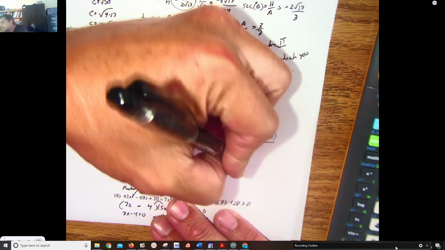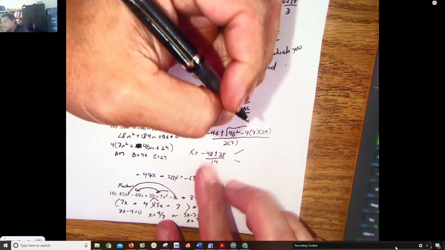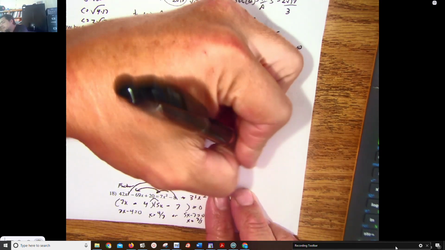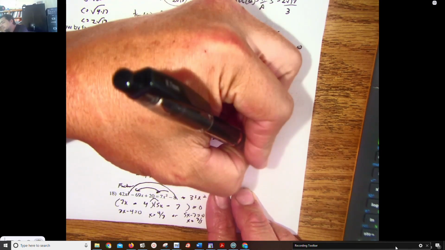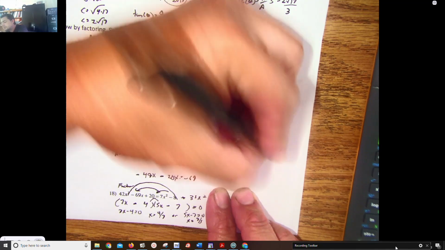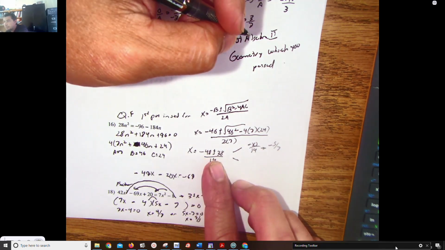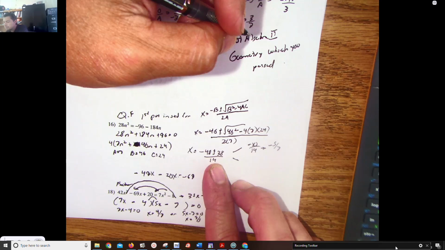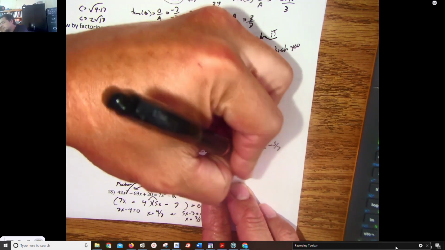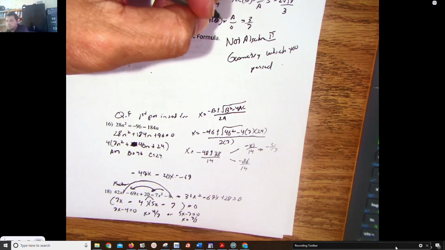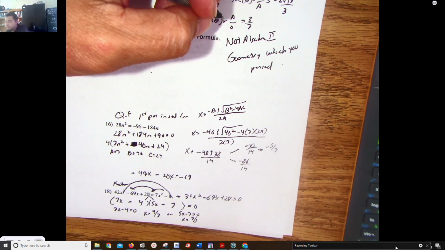I'm going to branch off and do the work. Negative 46 plus 38 is negative 8, sitting over 14, which is negative 4/7. Negative 46 minus 38 is negative 84, I think. Negative 84 over 14, which reduces on down.